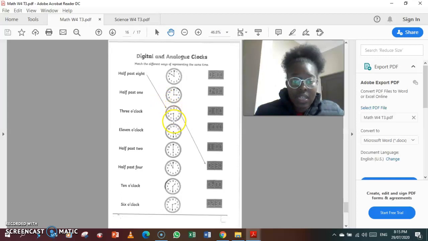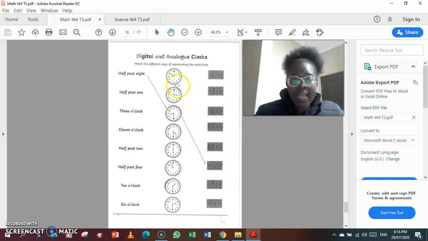The short hand is past the 8, not on the 8. So 8:30 just means that it's also 8:30. You first draw a line from this side to there, and then from your analog clock to your digital clock.